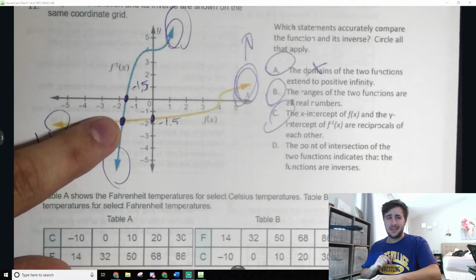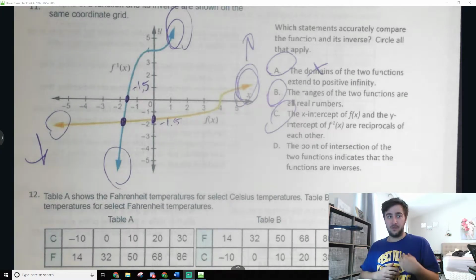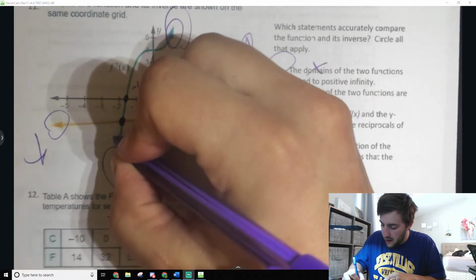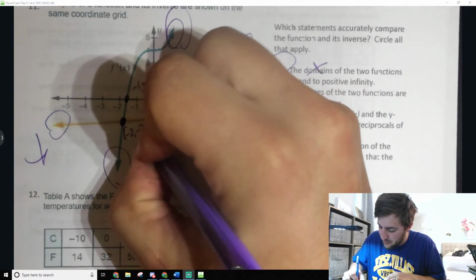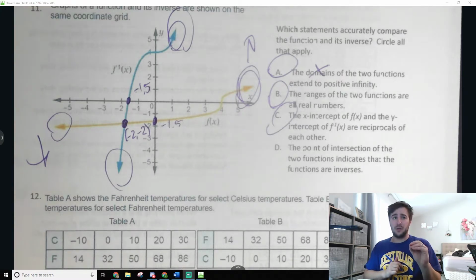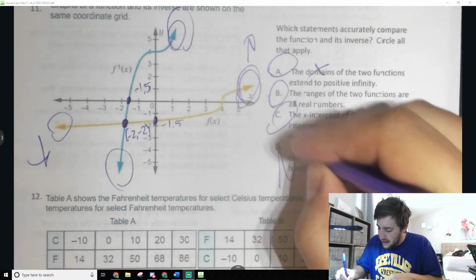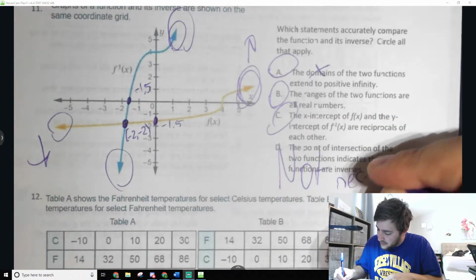To this, I say not necessarily. Okay, it's a hint that they're inverses. And here's why. The y and the x value are the same at that point. They're both -2. So if you have y equal x at an intersection, that's a pretty good indication. But it's not a perfect one, okay? It can happen without them being inverses. So I'm going to say not necessarily.